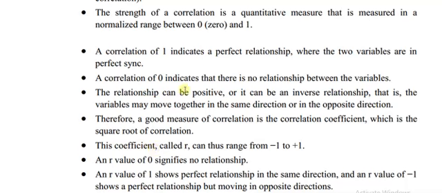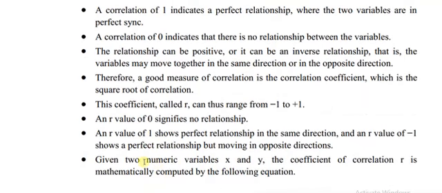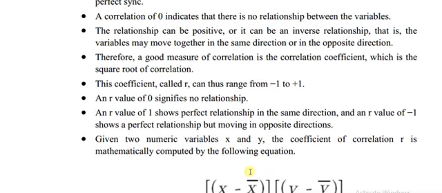In this case, an R value of 0 indicates that there is no relationship, an R value of 1 shows a perfect relationship in the same direction, and an R value of -1 shows a perfect relationship, but moving in the opposite direction, or the variables or the features have opposite natures.